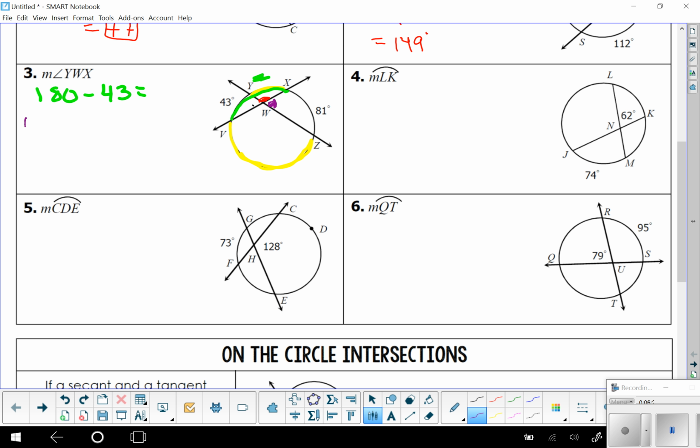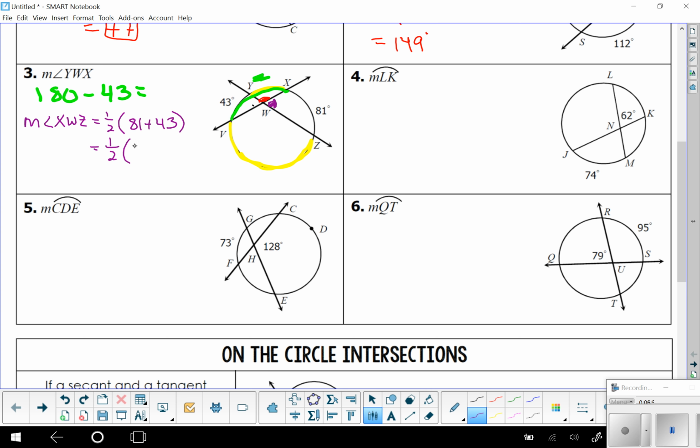So let's do the measure of the angle XWZ. The reason we're going to do that is because then we'd have to do another 180 to find this arc right here. Angle XWZ is going to equal 1/2 of 81 plus 43, 1/2.